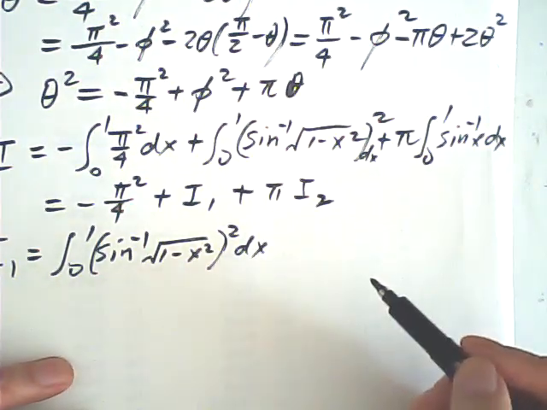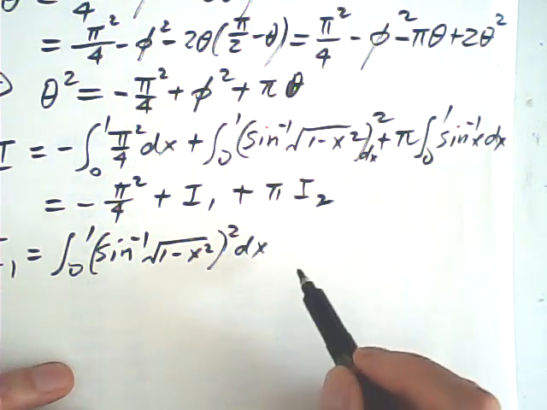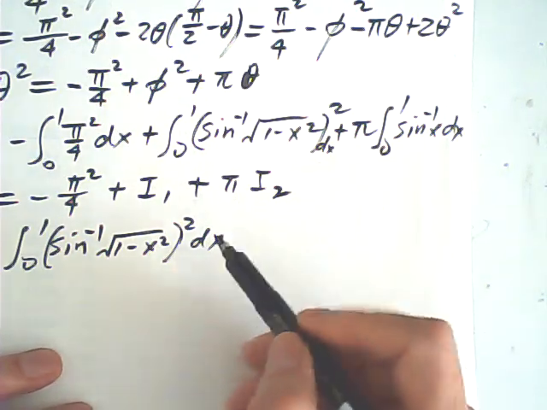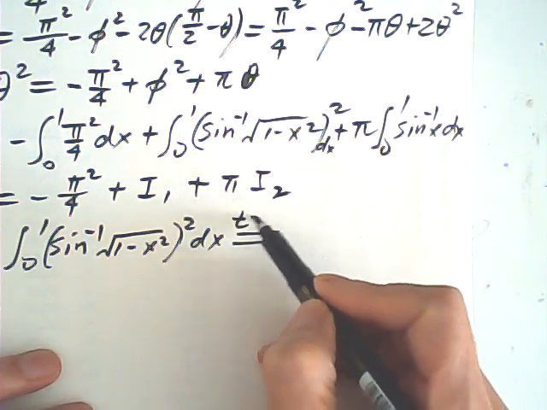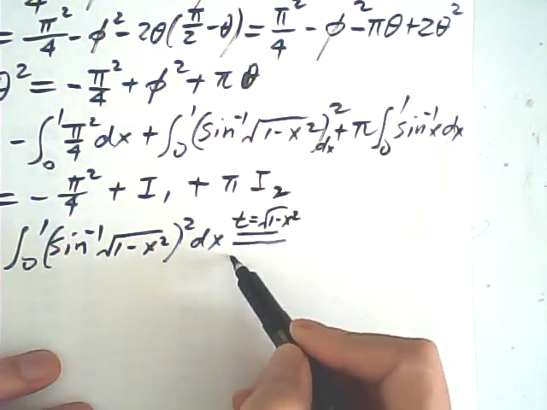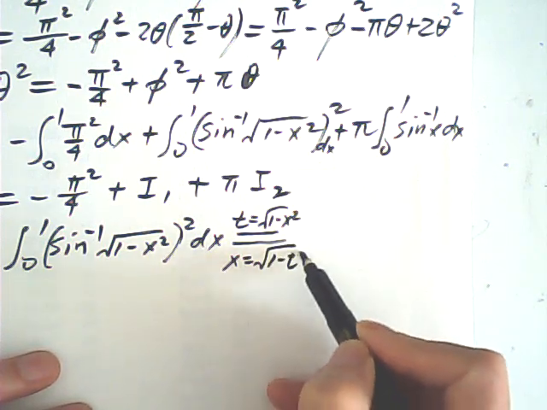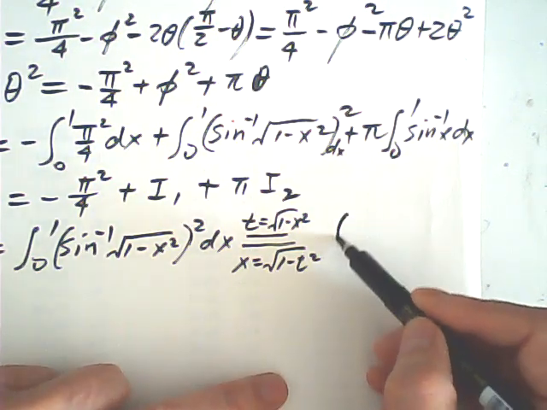And I use a substitution method. t is equal to square root of 1 minus x squared. Therefore, x is equal to this. Yeah, that's correct.